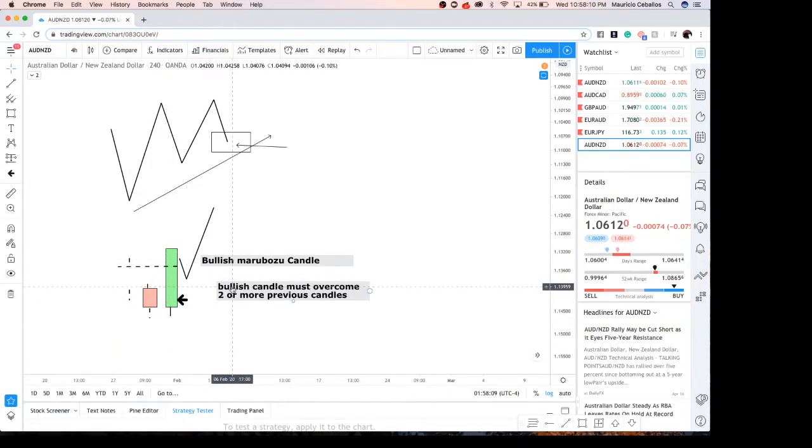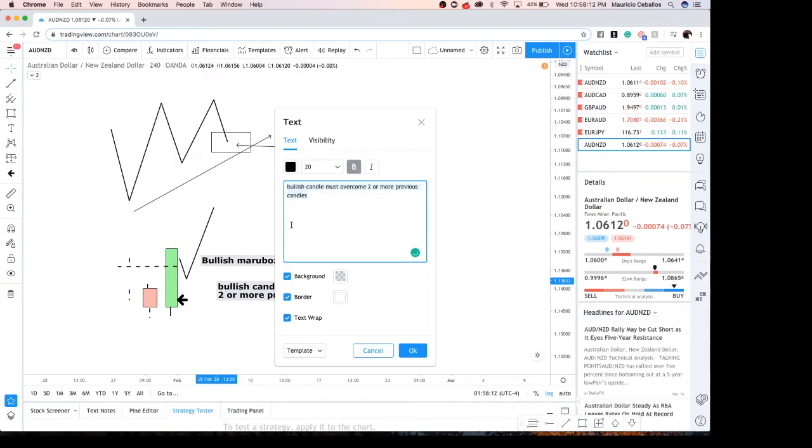So what does this mean? That means that bullish Mariposa candles are made with momentum. Therefore, you will see little to no wick on the top of the candle.